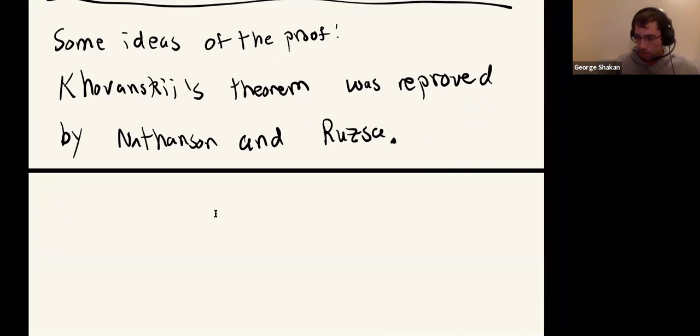And yeah, so the original proof was, I don't know how to put it. We'll just say Nathanson and Ruzsa's proof was more combinatorial. I'll just leave it at that.